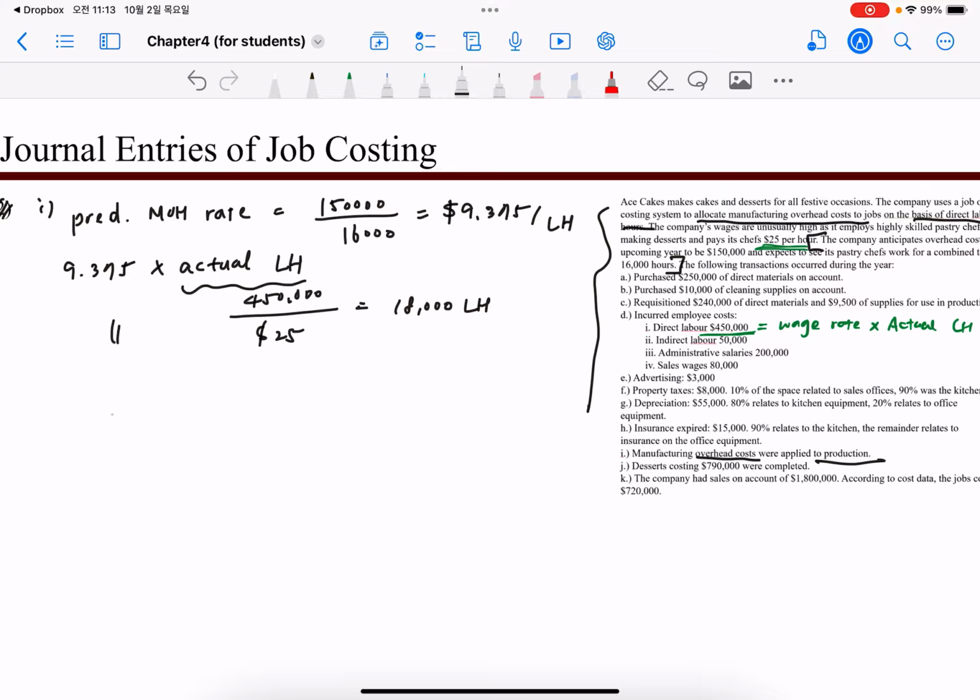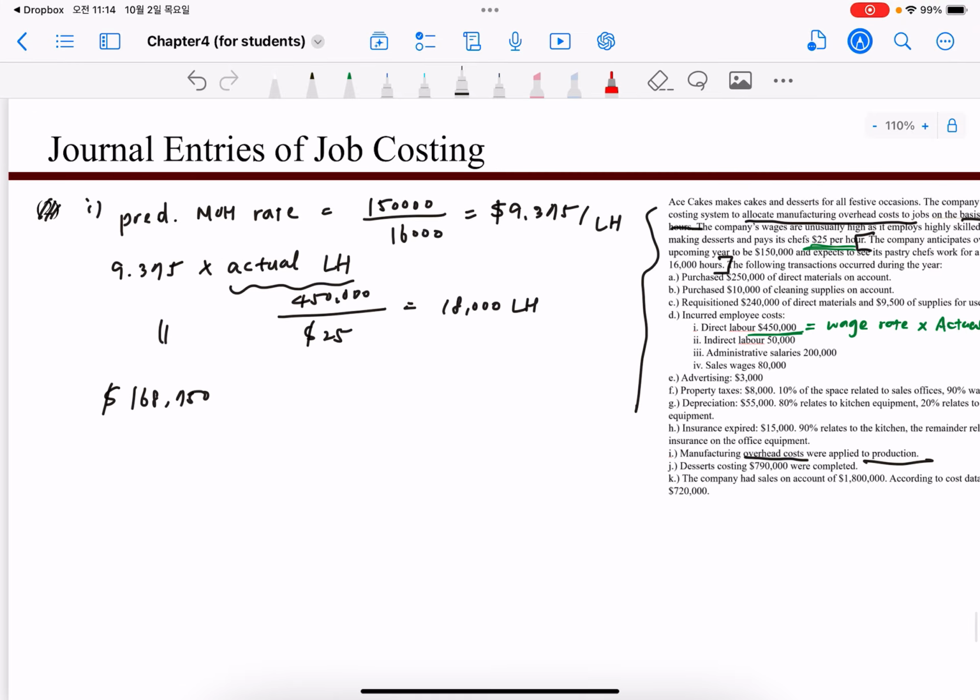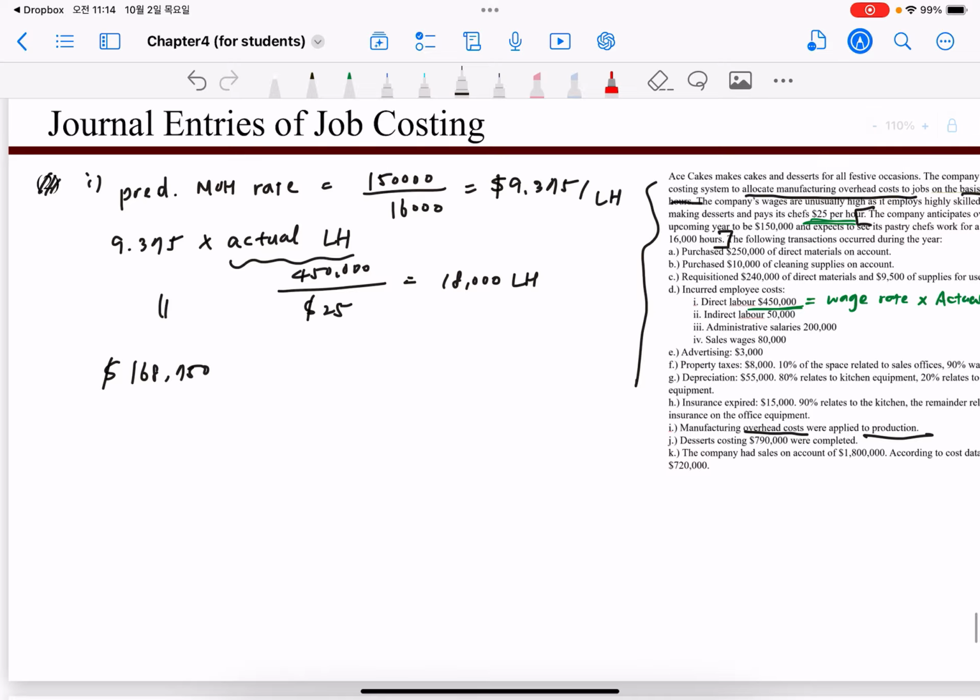So in total, if you calculate this multiplication, you will see $168,750. So once you have that, then we can proceed with the journal entry by debiting the work in process of 168,750, and we credit MOH. Well, more specifically, it's the MOH allocated, which is the contra account for the MOH control, right?